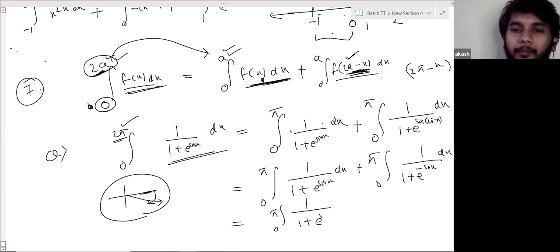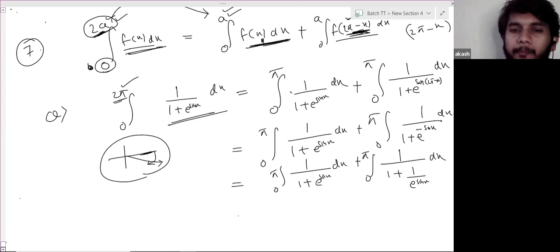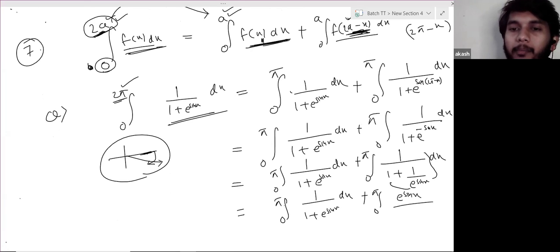Yes, sir. All right. This is 1 upon 1 plus 1 upon e to the power sin x dx. So the integral from 0 to pi of 1 upon 1 plus e to the power sin x dx plus the integral from 0 to pi. Taking the LCM, this is multiplied here and this goes to the numerator, so e to the power sin x upon 1 plus e to the power sin x dx.